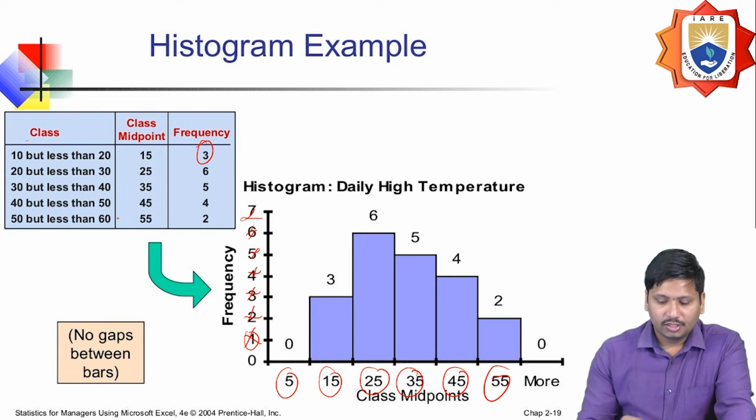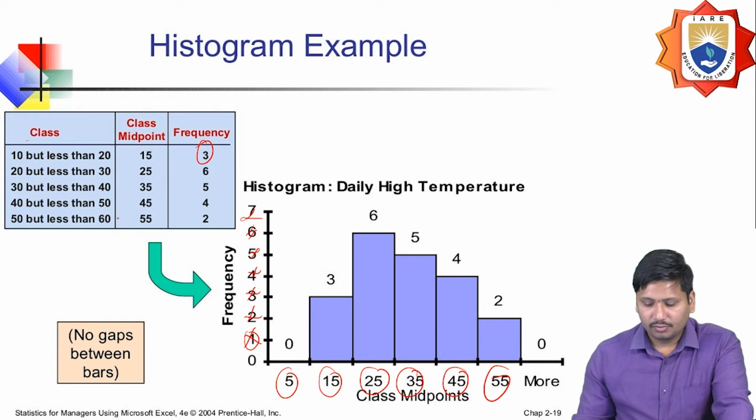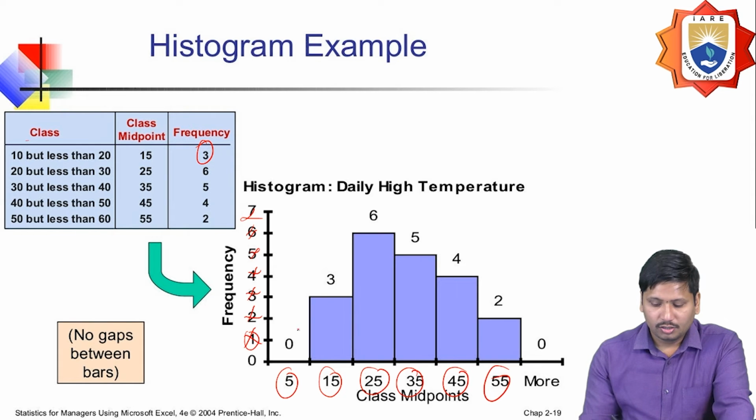What is the frequency in between 15? It should be 0. And in between 20 and 30, sorry.